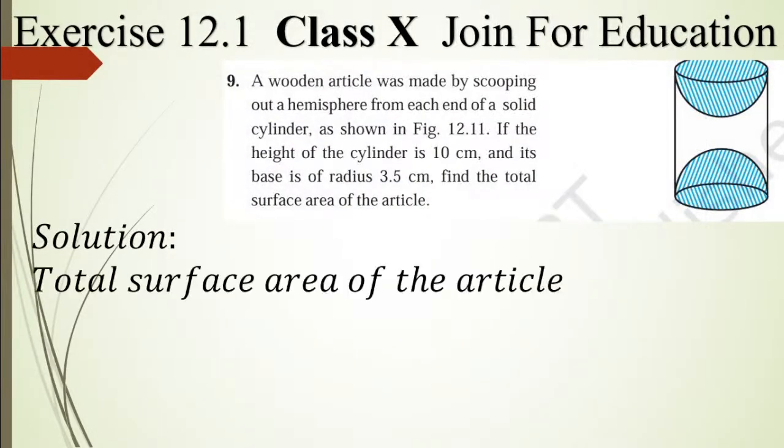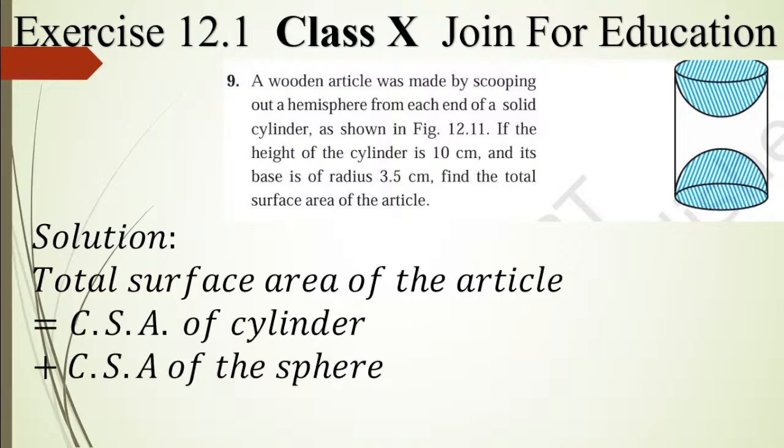So total surface area of the article equals CSA of the cylinder, this part, and CSA of the sphere. So we have two hemispheres, so two hemispheres will be a sphere.